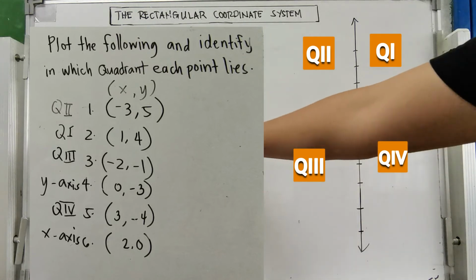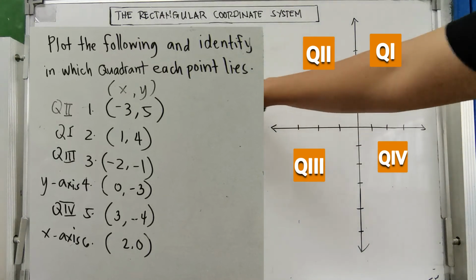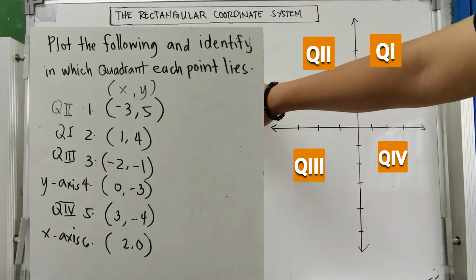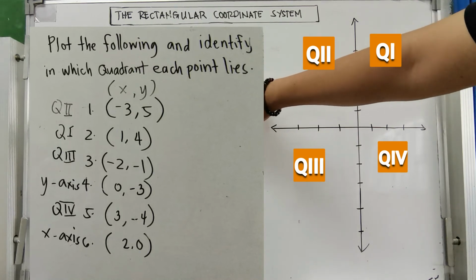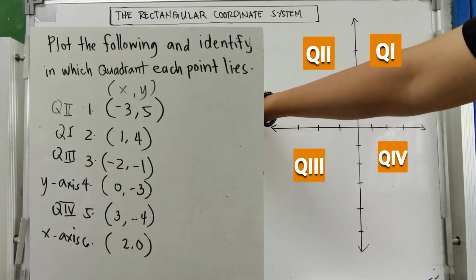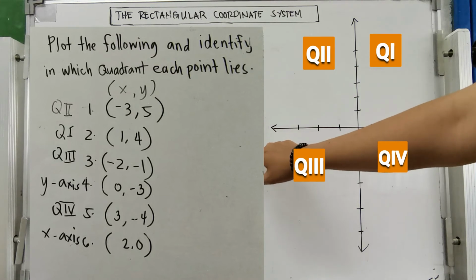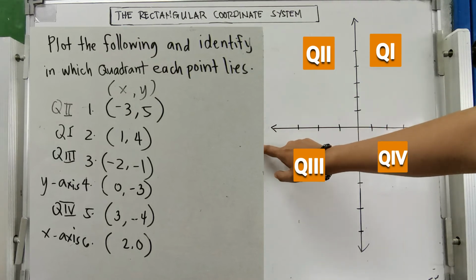So, observe that whenever our x-coordinate is 0 and our y-coordinate has value or meron tayong number of units kung saan natin siya ipaplat, so that is the time that the point is lying only in y-axis.